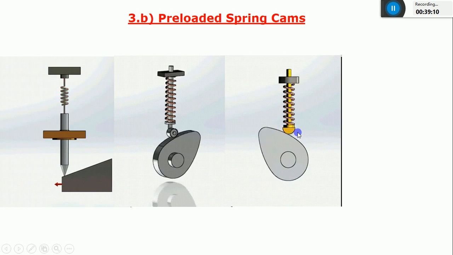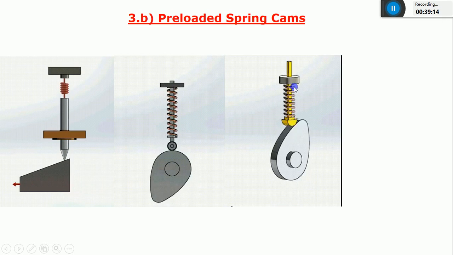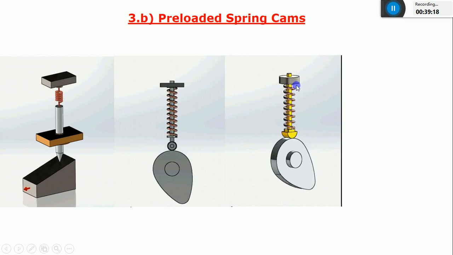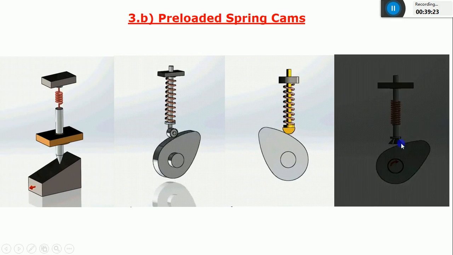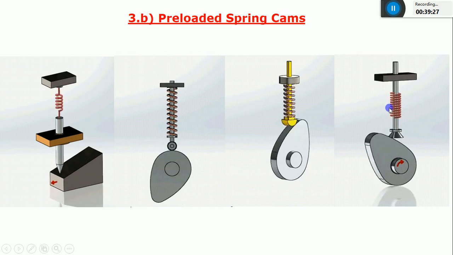And this is the spherical type, the spherical face cam and follower. Again, you can see there is a provision of a spring around this follower. And this one is a flat faced cam and follower. Again, you can observe the presence of this spring.